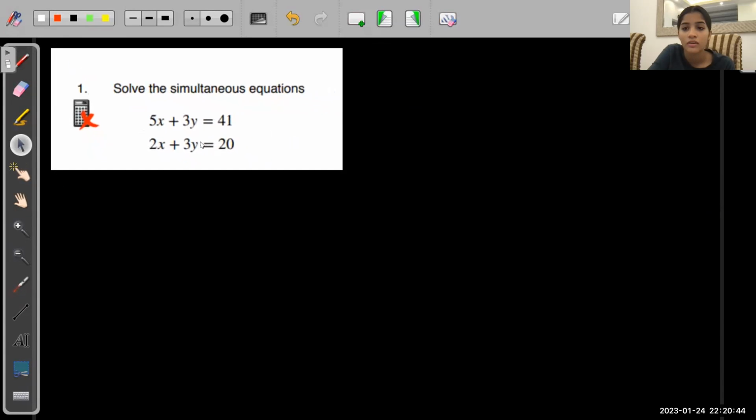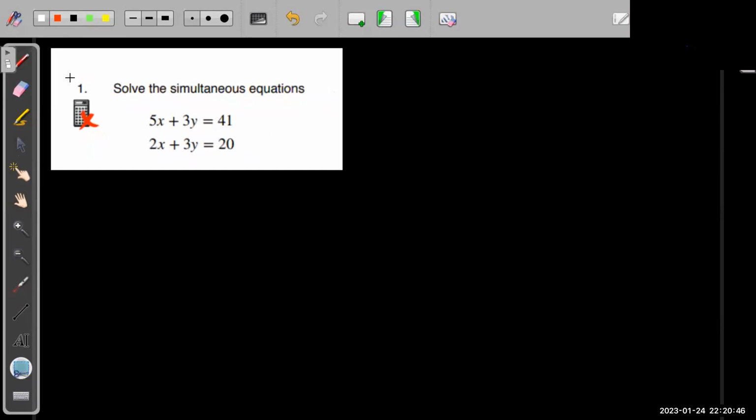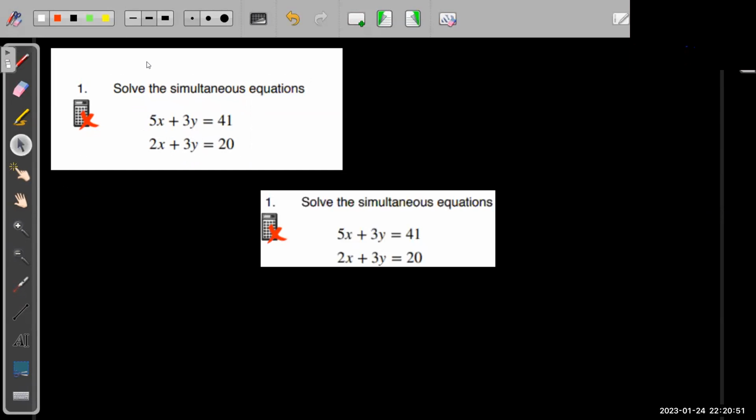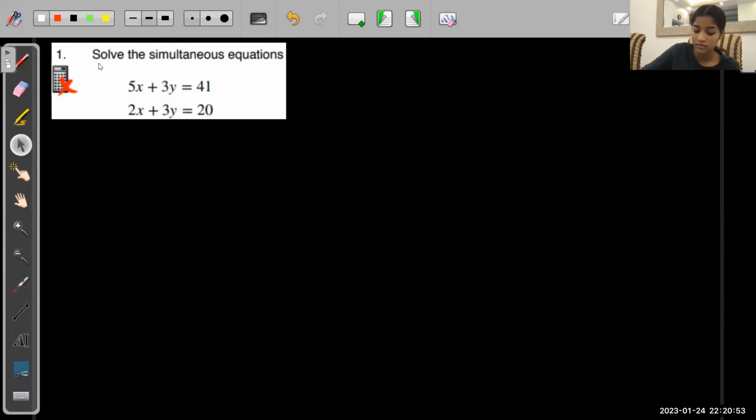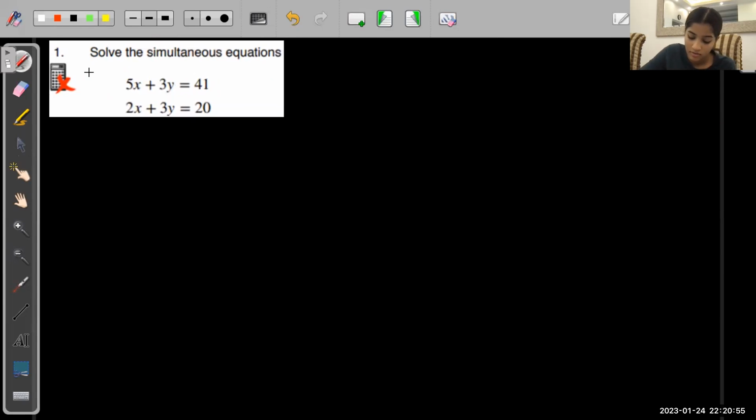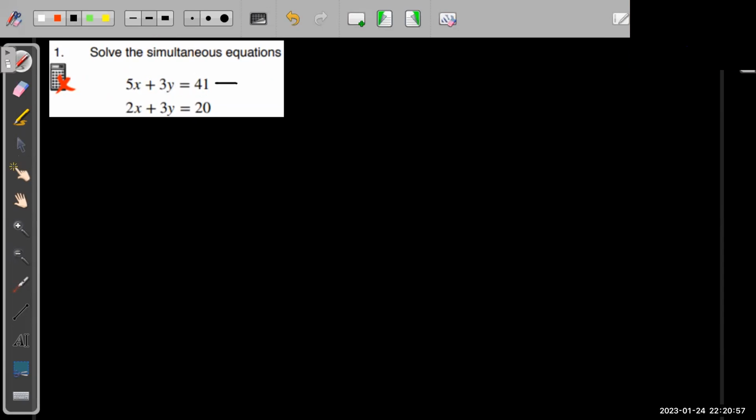Let me show you the steps you need to follow when you do a question like this. Question number 1. The very first thing you need to do, Naila, is name these two equations. Draw a line, circle, name them equation 1 and equation 2.